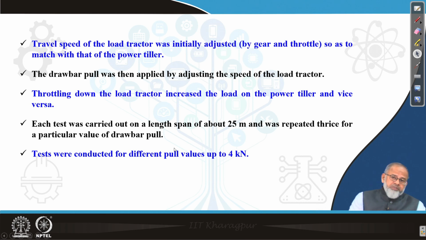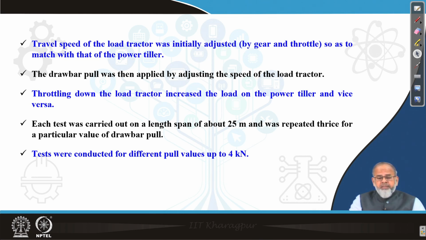The procedure followed is: first, the travel speed of the load tractor was initially adjusted by gear and throttle so that it matches that of the power tiller. Here the tractor is used as a pulling equipment. Then the drawbar pull was applied by adjusting the speed of the tractor.